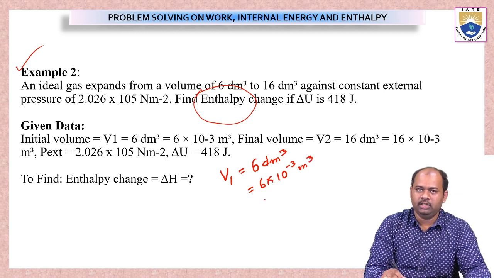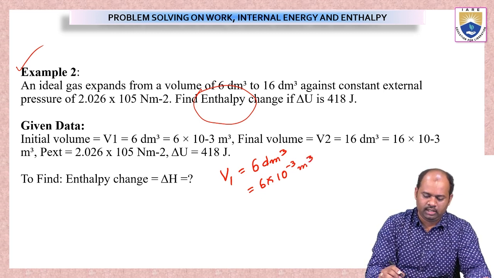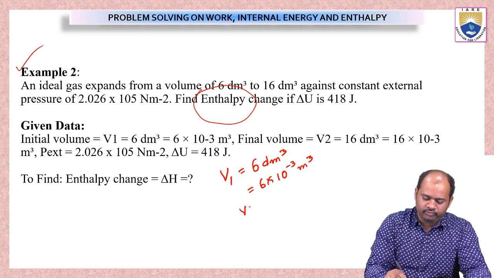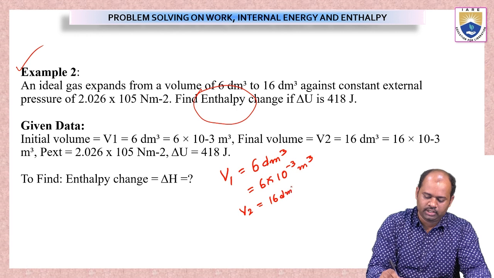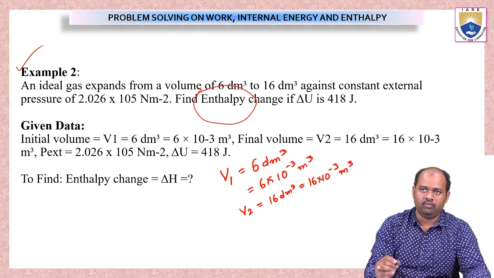So this is the initial volume. And then the final volume V2 is equal to 16 decimeter cube, which is equal to 16 × 10^-3 meter cube. So this is V2, the final volume.